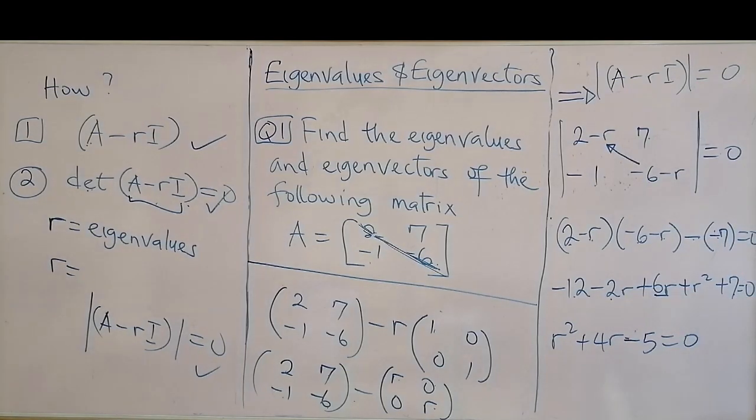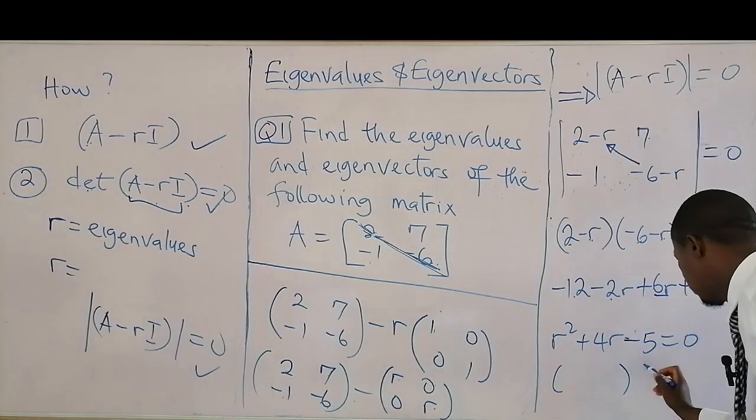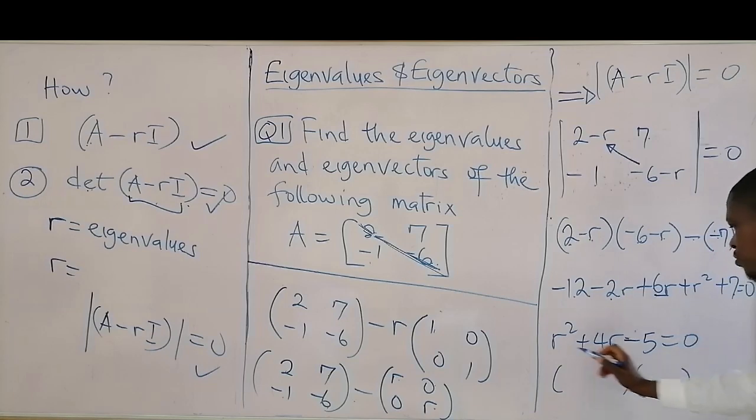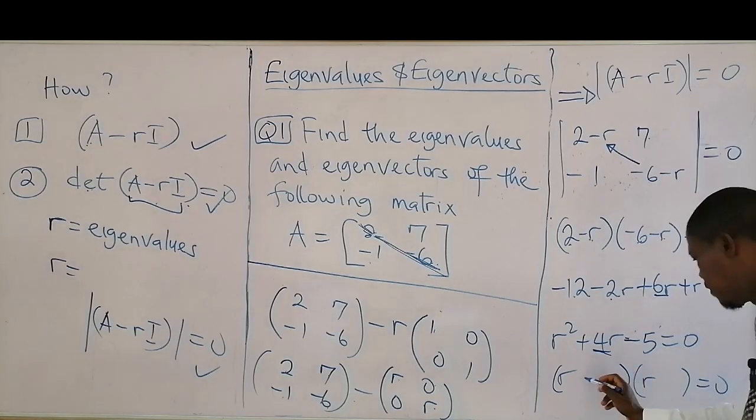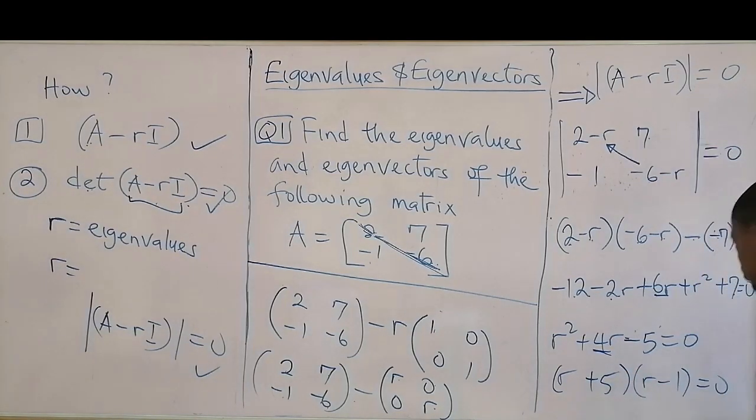The next thing to do now is to factorize this. r squared, 1 here, 1 here. Factors of 5, they can give you either by addition or subtraction. They can give you 4r. That's 5 and 1, which will be plus 5 minus 1.